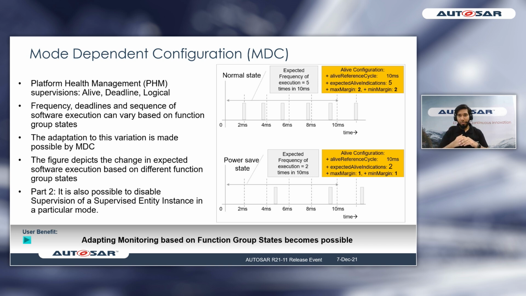But when we're manually driving, maybe that's not that important to be supervised. So this part also provides the capability of not supervising something in a different mode. The user benefit for this concept is that it makes adapting the monitoring based on different function group states possible.